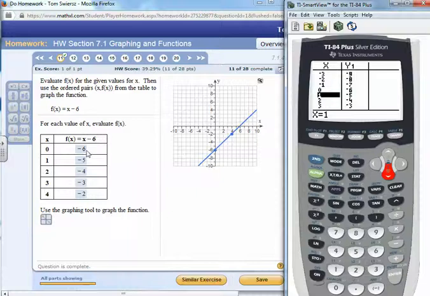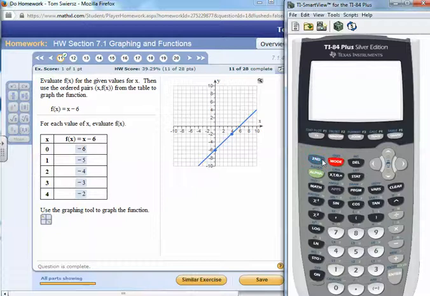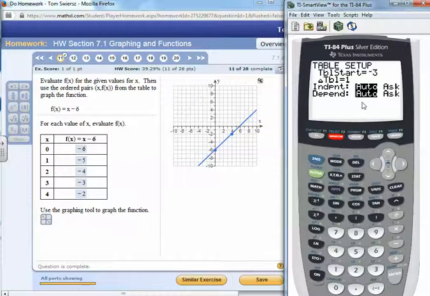So the y values you found by pencil and paper, you can get on the calculator. Again, first make sure your table is set. Quit, go to second window, table set, make sure you're at -3, 1, auto. If you have to change something, if it's on ask, use your left arrow key, highlight auto, hit enter to save it, and then second quit.